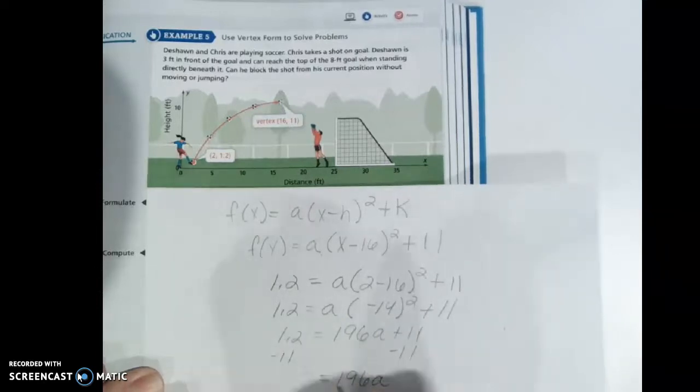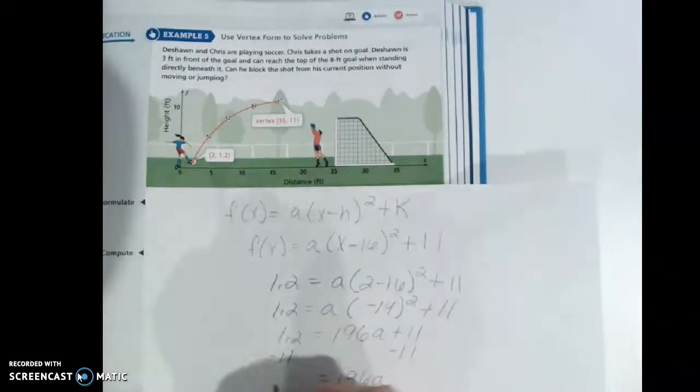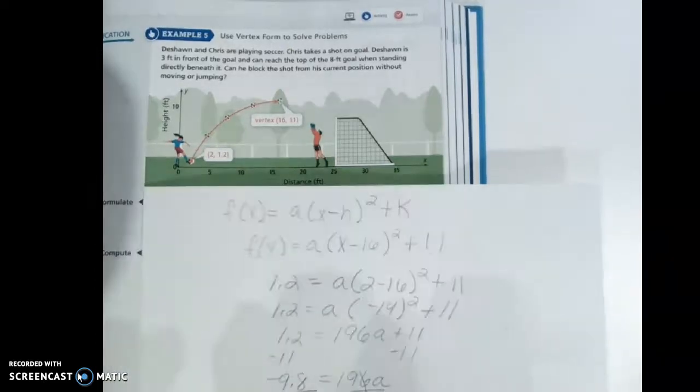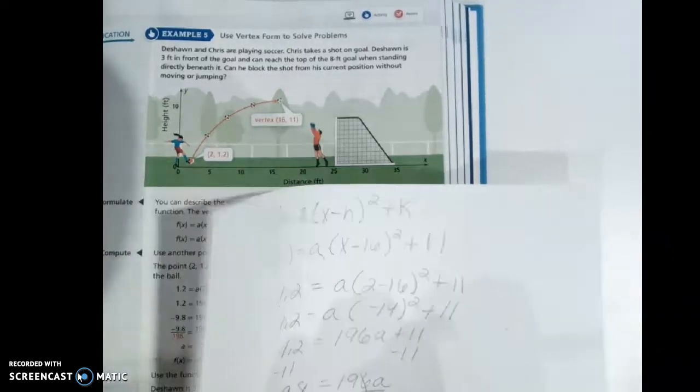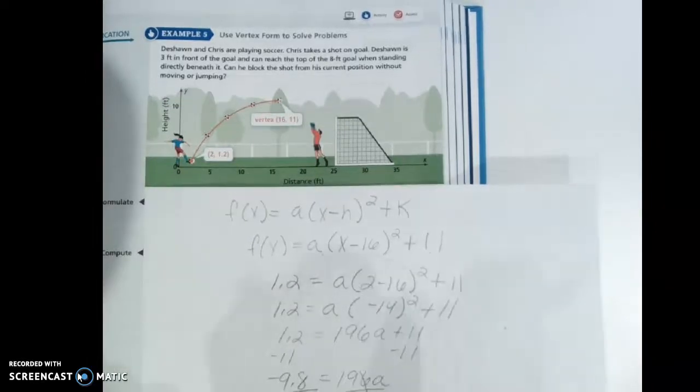So 196a is equal to, I'm going to go ahead and peek, negative 9.8, since you're not here to help me do the math. And then I'm going to divide both sides by 196. So a is equal to negative 0.05. So that's what this number is right up here.